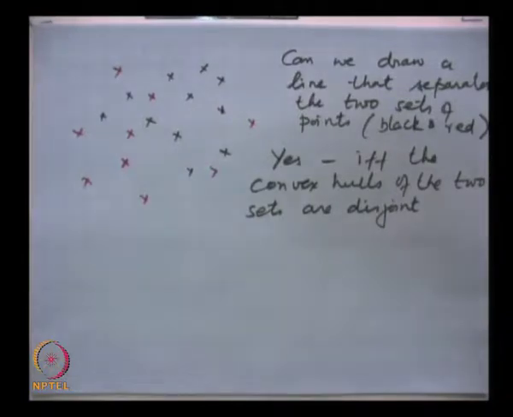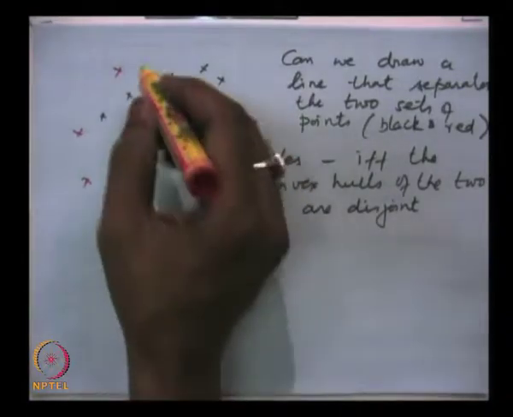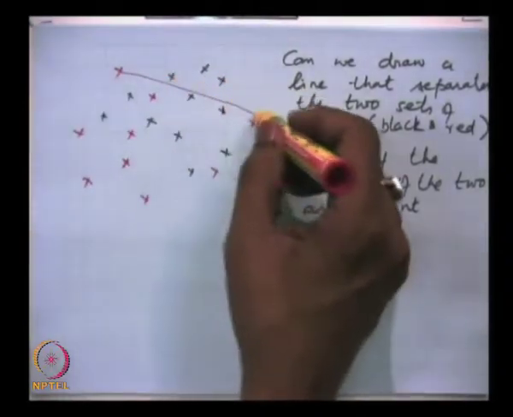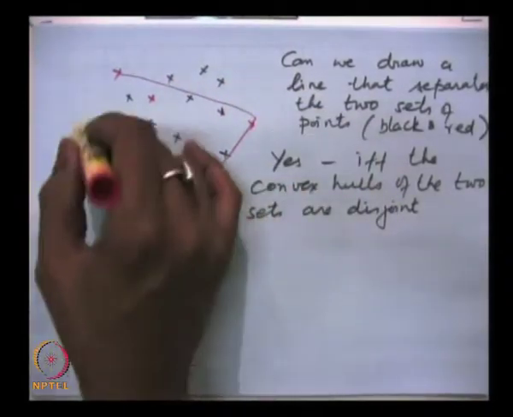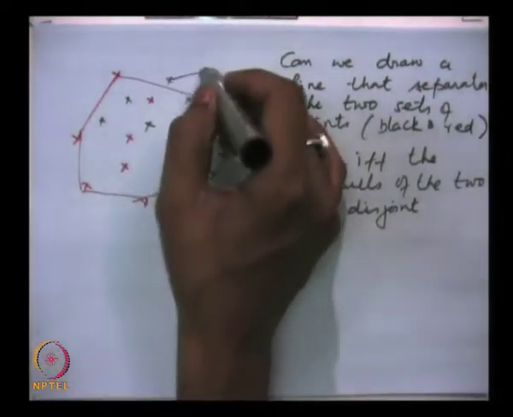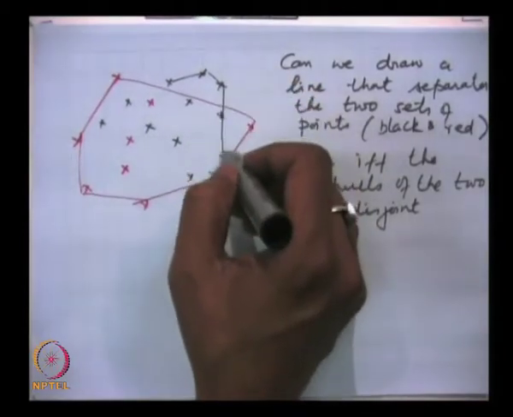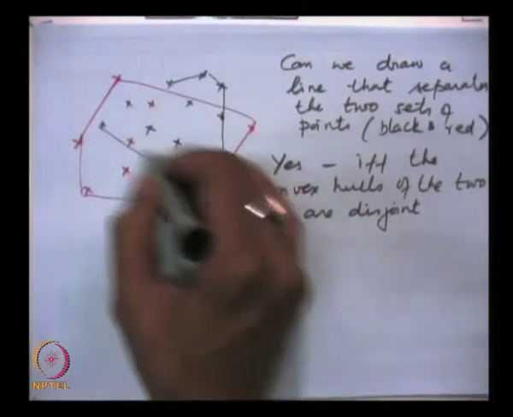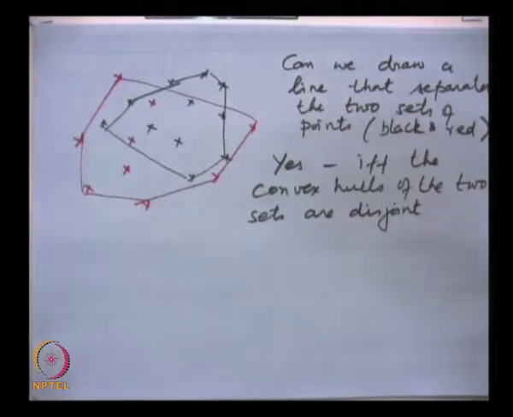But in this particular case, if you look at the red point, this is the red convex hull, and so there is an intersection of the convex hulls. So there is no way that you can actually separate them.